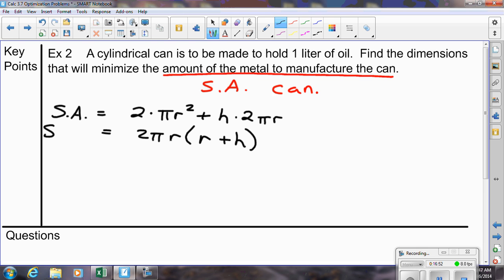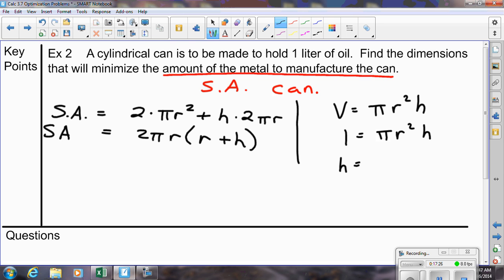And we're noting then that surface area has 2 variables, the radius and the height. We want 1 variable. We are fortunate, though, that we are also told the volume, which we know is pi r squared h. The total volume is 1 liter. So if the volume is 1, we could divide by pi r squared and get h is 1 over pi r squared.